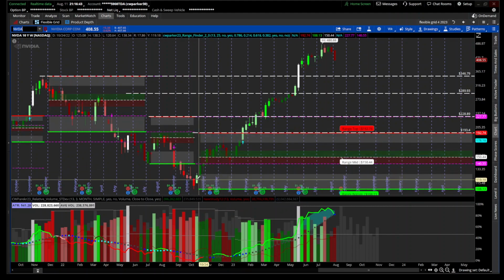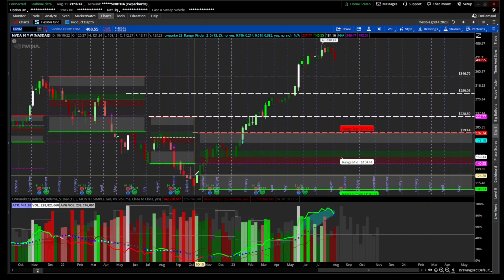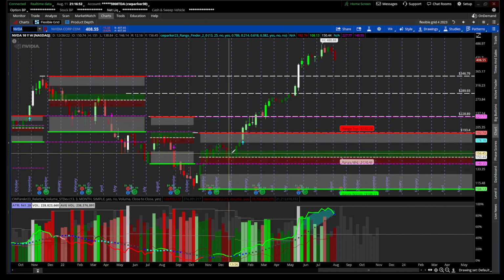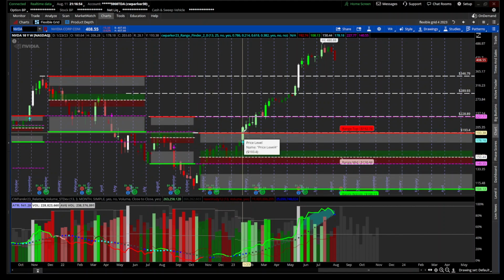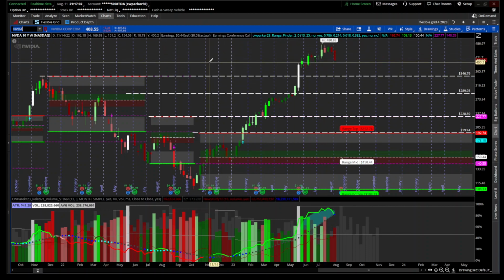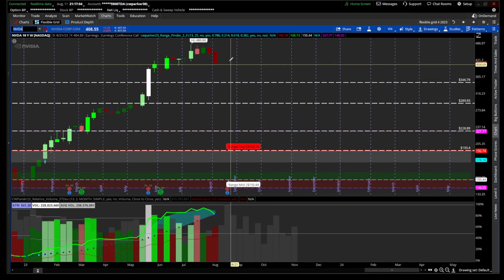Who would believe Nvidia came all the way down to 108 or 107, 108.13, and then you can see where it consolidated a little bit within the range, and it finally got this breakout, paused at this range high right here, and broke out, and now it's doing this pullback right here in the month of August.